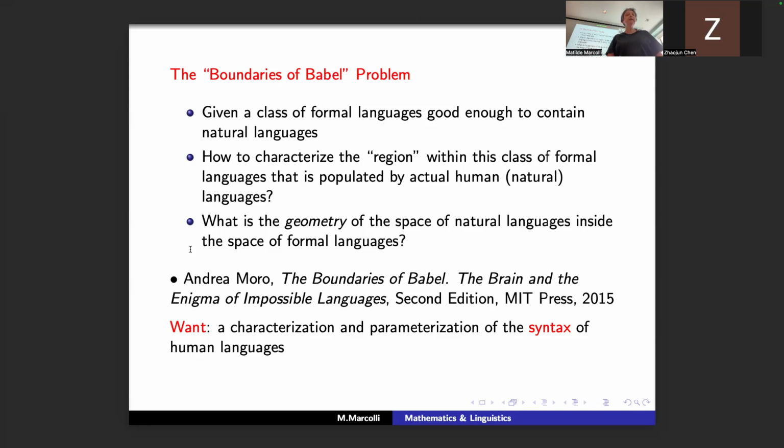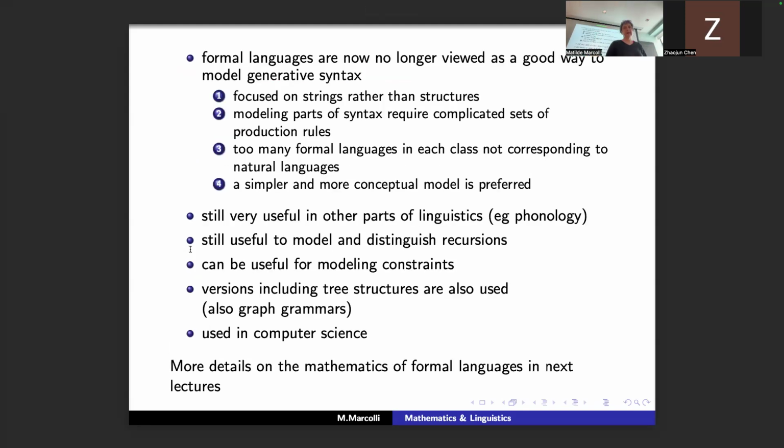More generally, this is one of the crucial questions in the field, and it depends exactly on trying to parameterize the human languages in terms of some suitable variables. I'll come back to this in a moment in discussing syntactic parameters, and also some attempts that have been made to coordinatize the space of languages.